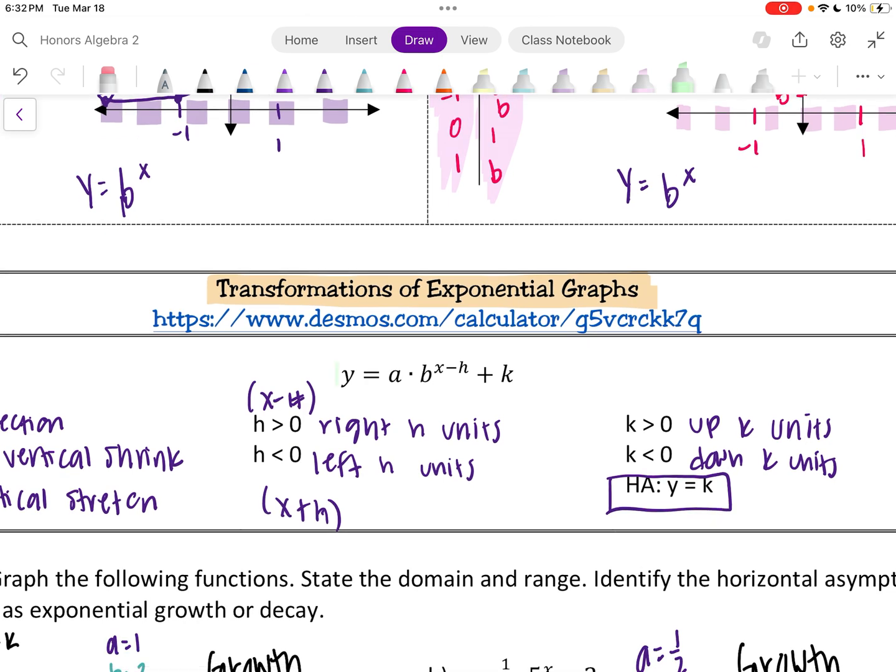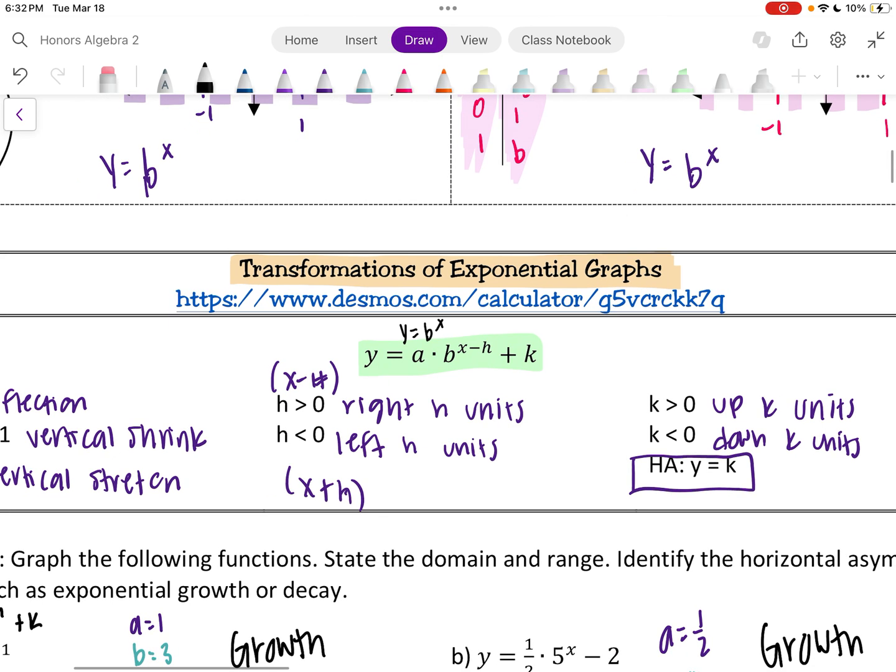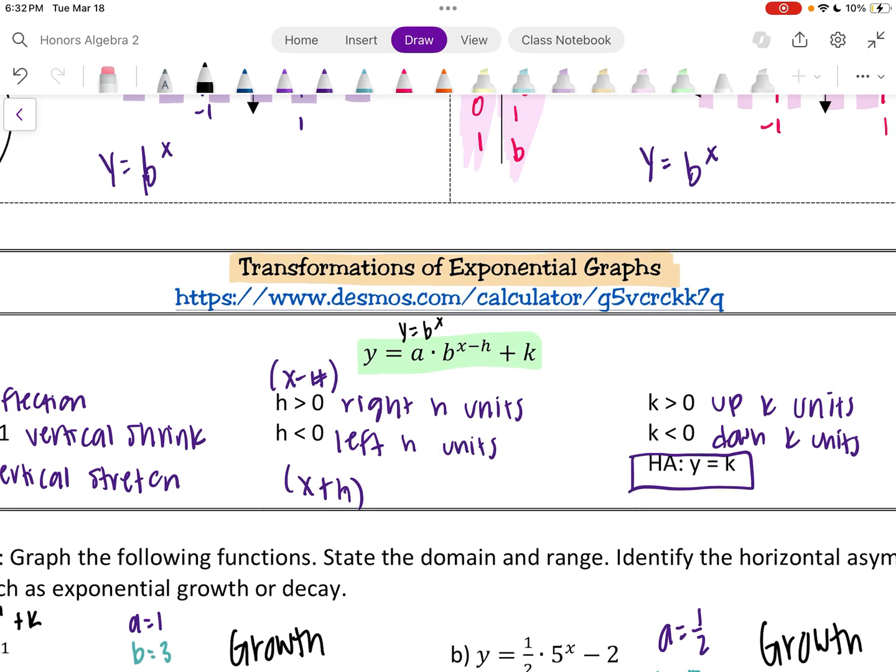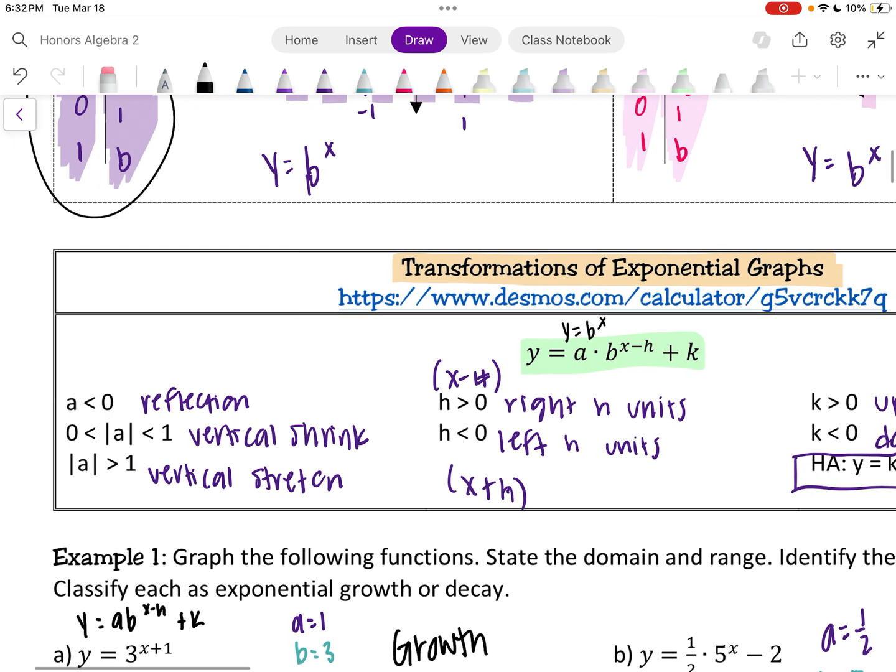So with the Hackett method, instead of y equals b to the x power, we now have an a out front, an x minus h, and then plus k. All of the transformations are still the same that we have been doing since last semester. If a is less than 0, it's a reflection. If it's between 0 and 1, it's a shrink. If it's greater than 1, it's a stretch.